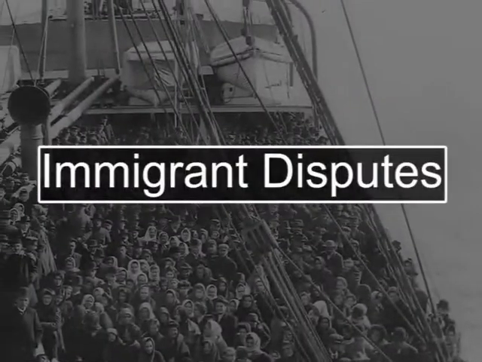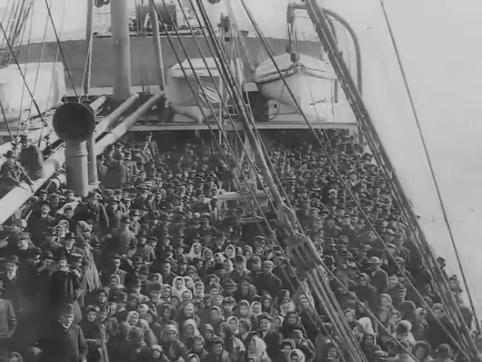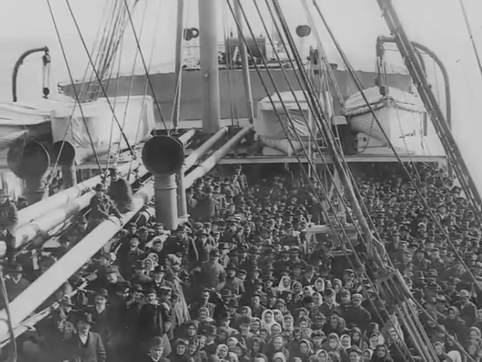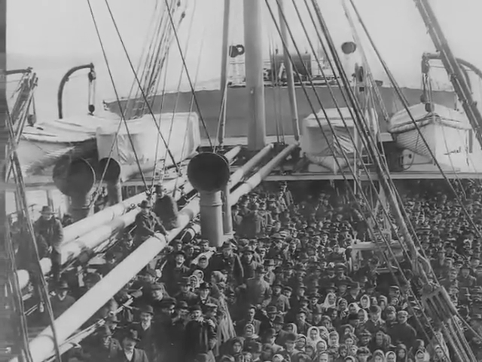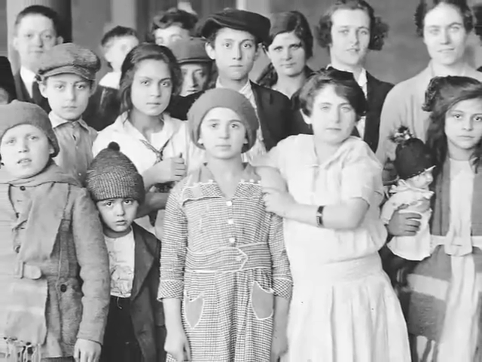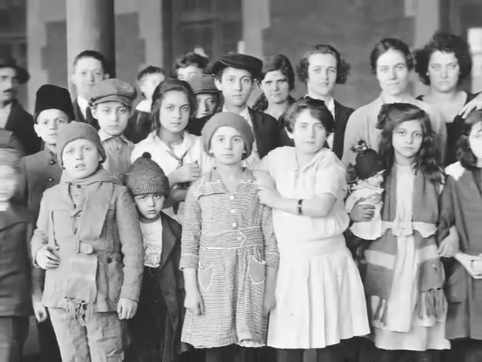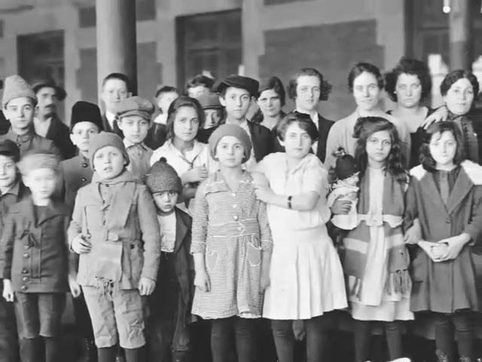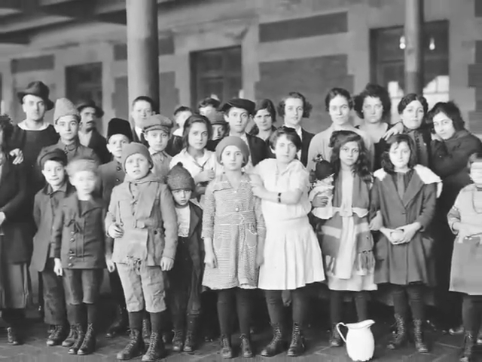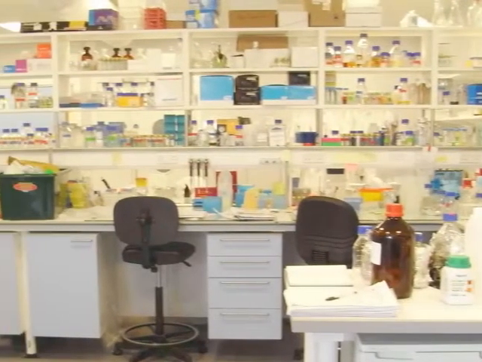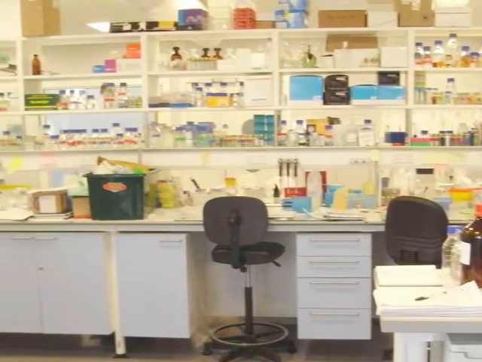Immigrant disputes. More or less in every country, there is the problem of immigration. Ultimately, the identity is not confirmed whether they have crossed the borders or are resident of that country. Therefore, the problem of immigrants can be solved through DNA data bank.